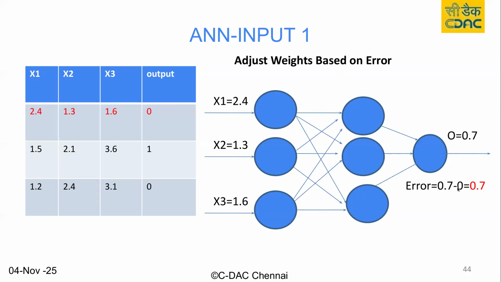Error is minimized means that instead of 0.7 I should get 0. So how can we minimize this error? We have to adjust the weights associated with each of these connections. Because we are taking sigma xi wi, by adjusting the values of the weights we can adjust the output.